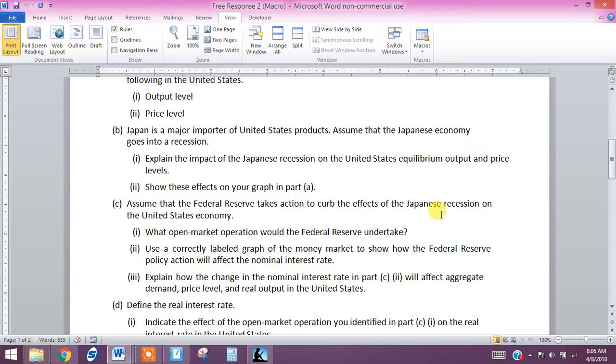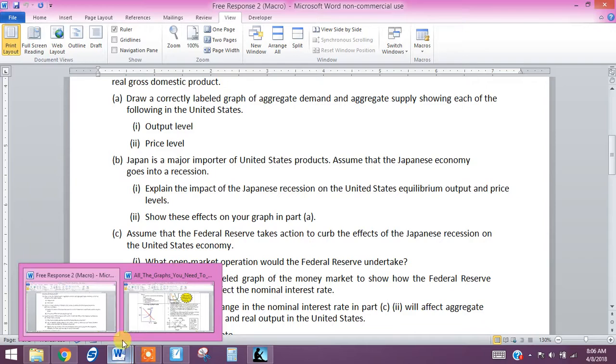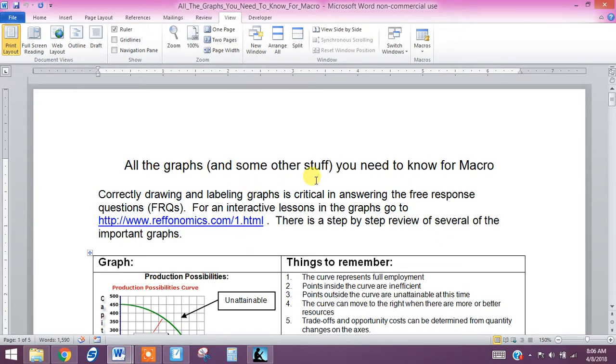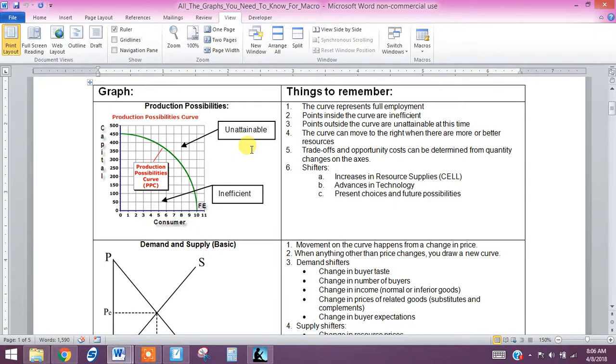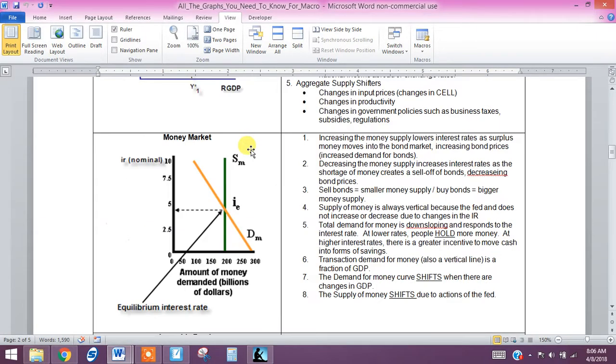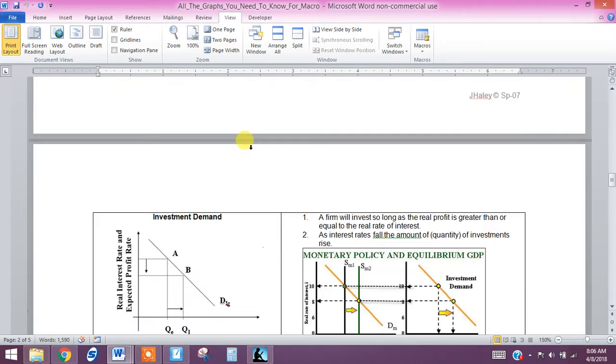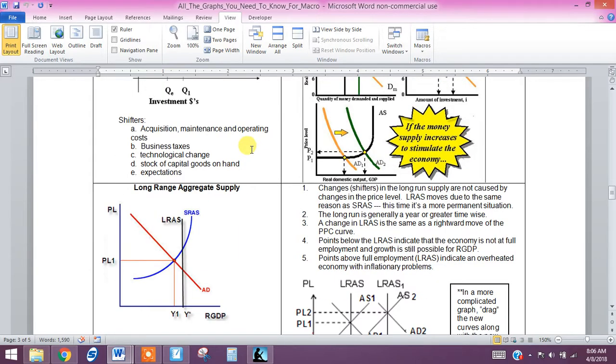Well, one thing I wanted to point out that's going to be very helpful with all of this is the handout that I sent you a while ago, labeled all the graphs and some other stuff you need to know for macros. The first graph we did on question 1, parts A and B, was right here, and they're all here.